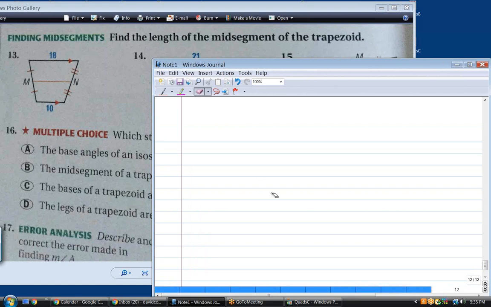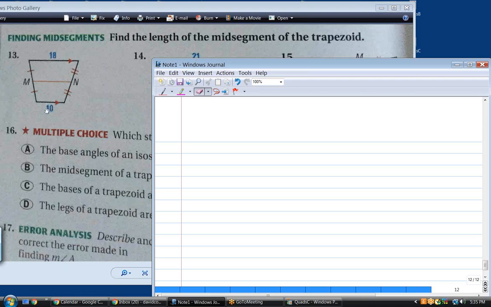Number 13. Let's see. So find the length of the midsegment. The midsegment would be 14. Notice that the midsegment is the average of the bases. It's that plus that divided by 2.